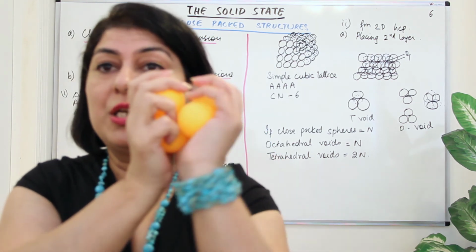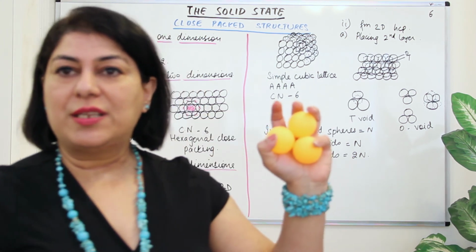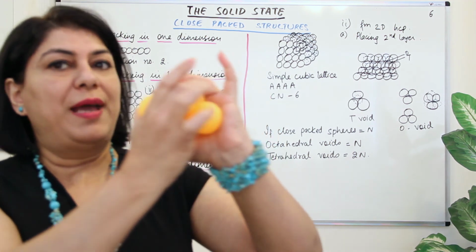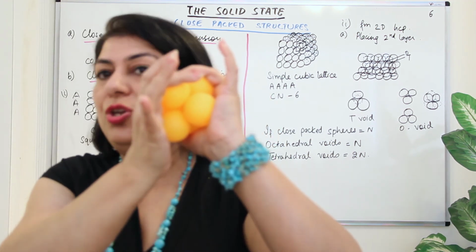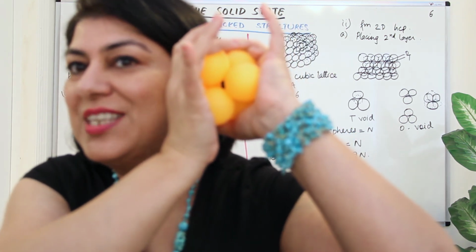The three balls in one direction are covered by three balls in the other direction. That is, you had one on top here, you have two on top here. So you mix them, and in the middle you have a huge void. You can see through and through.